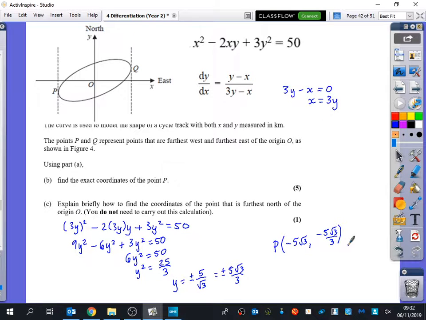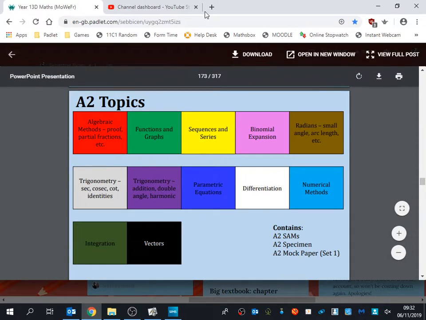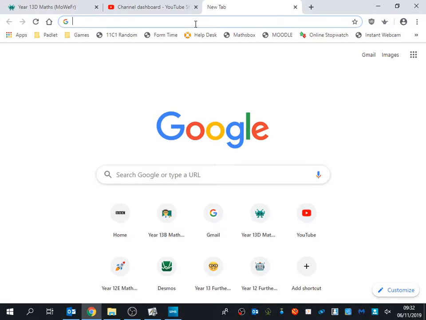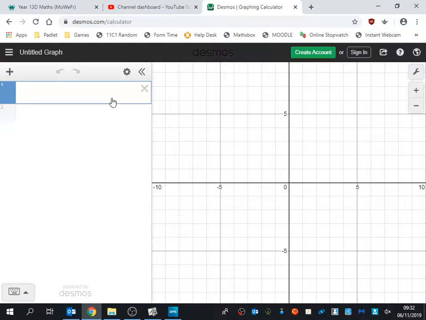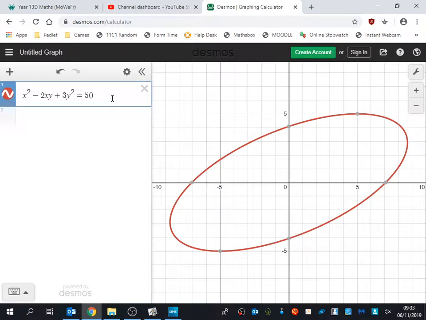I'm going to quickly put this whole question on Desmos so we can see what it looks like. Can someone read out the equation? Is it x squared minus 2xy plus 3y squared equals 50?